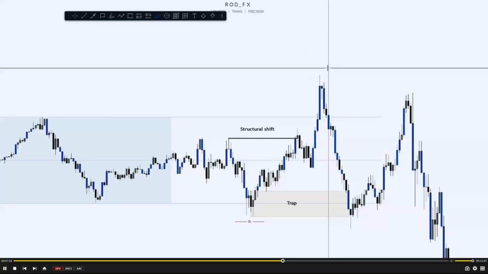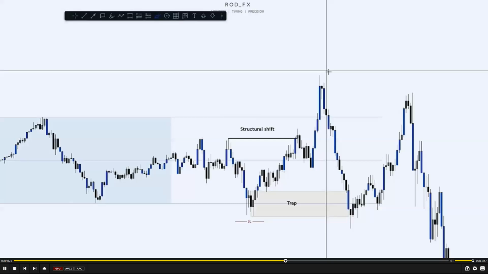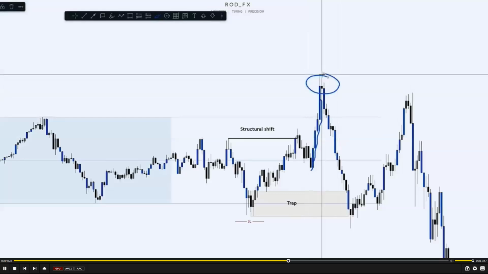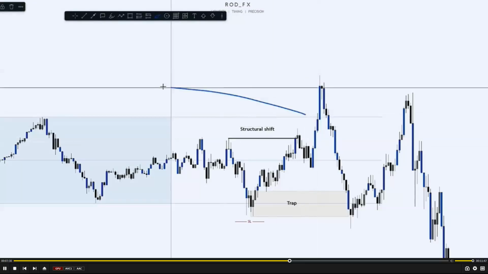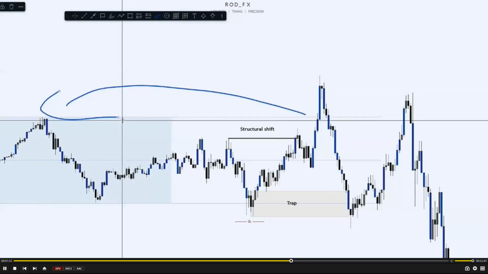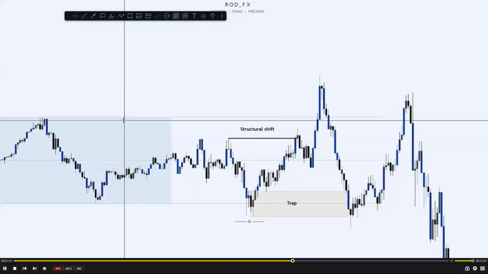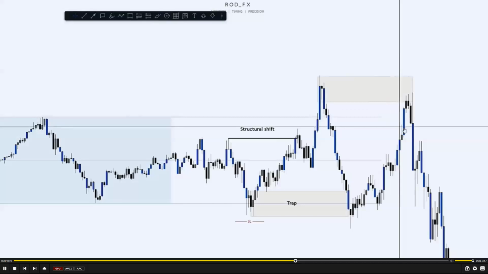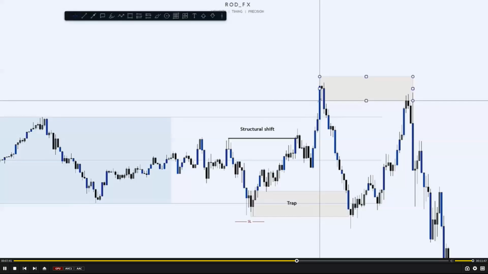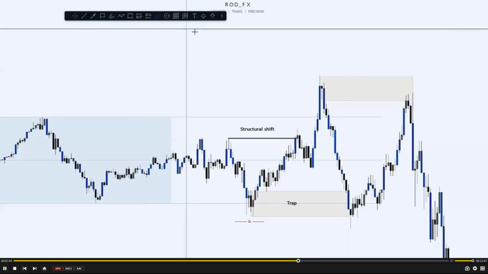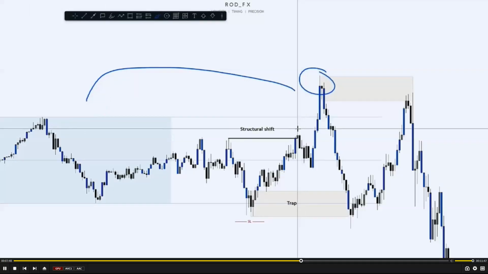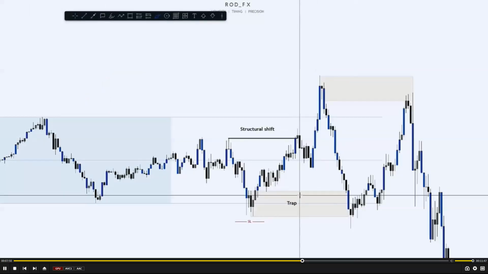Actually, you guys aren't wrong, but remember the story behind the whole purpose of that move. This point has been enticed to take also the liquidity on the left. And the only thing they do here is come back and mitigate the liquidity that they took from here.